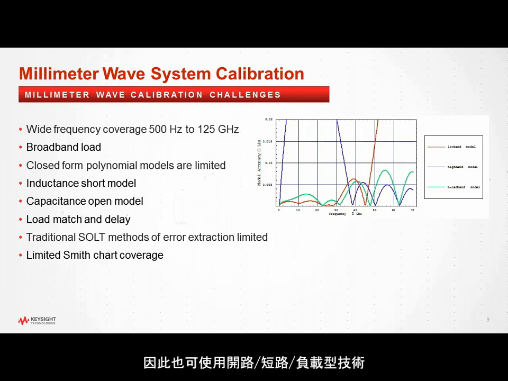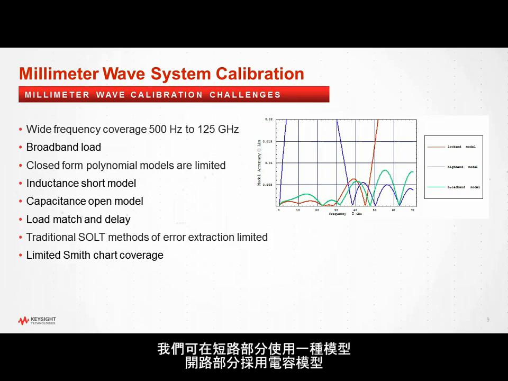The problem with that is, because the load is so band limited, you may have to complement this with some set of offset shorts. You can use a model for the shorts, a capacitive model for your open, and your load itself is a match or delay. So that constitutes what I call a closed form polynomial model.